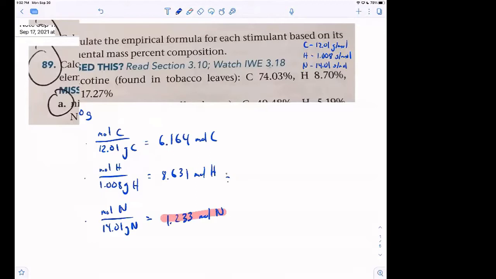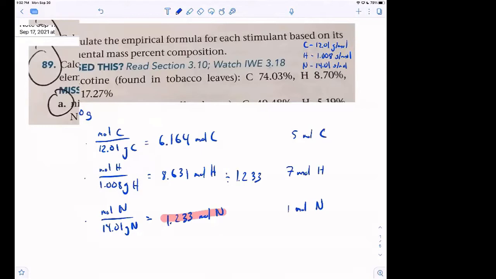Dividing everything by 1.233, you get 5 moles carbon to 7 moles hydrogen to 1 mole nitrogen.